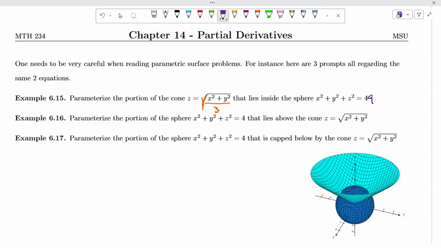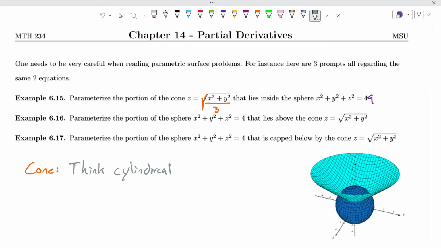But if I just want to parameterize a cone, it's helpful to think of that in cylindrical coordinates. Cones have very nice equations in cylindrical coordinates. So I'll write in the notes for the cone that I want to think cylindrical.